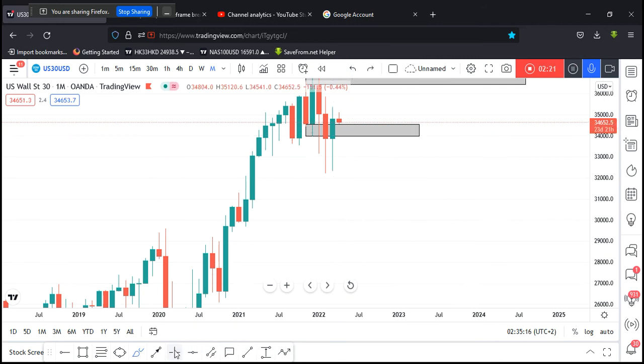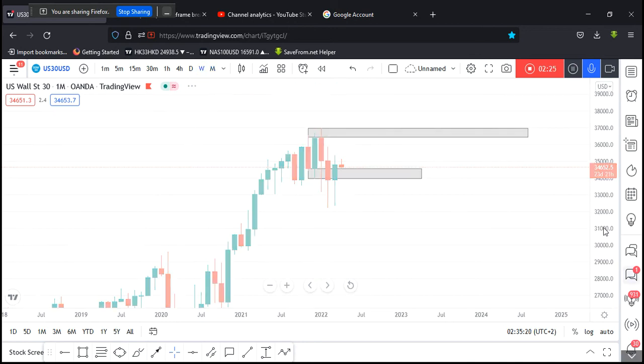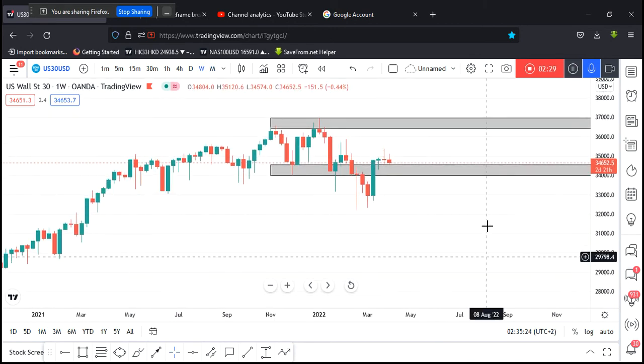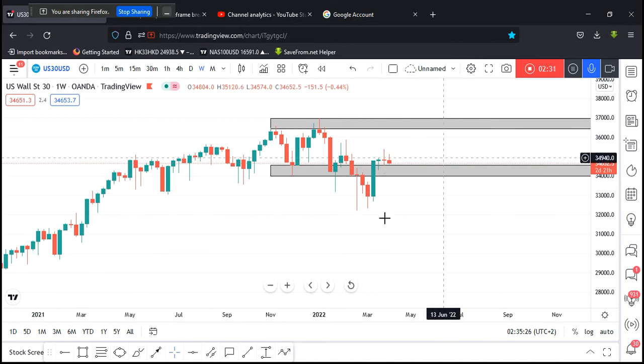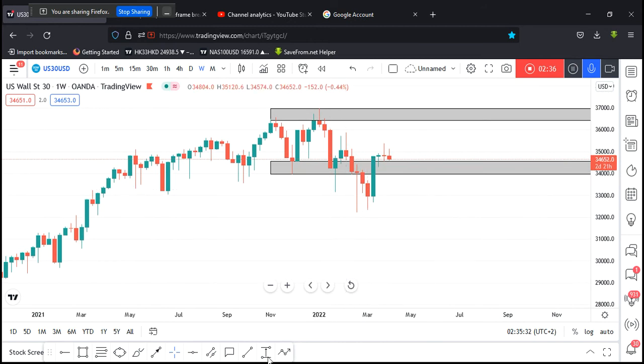The weekly time frame is going to give us an outlook of how the market actually looks. Okay, this is actually what we have. According to this, this is the support that I was talking about, which was 1, 2, then became a resistance somewhere here.